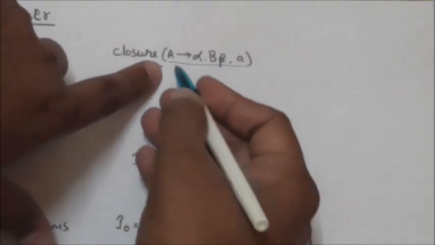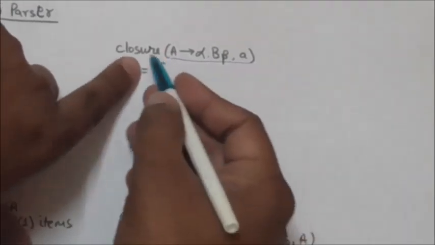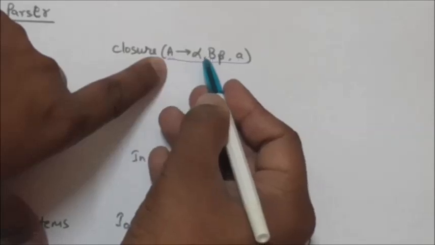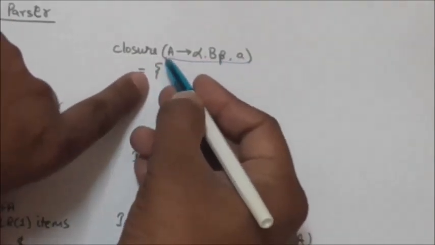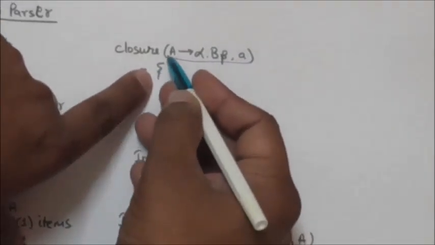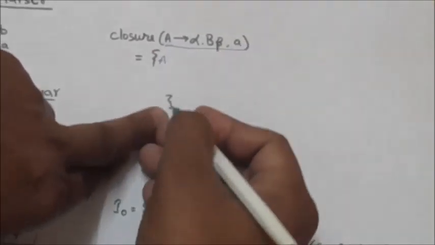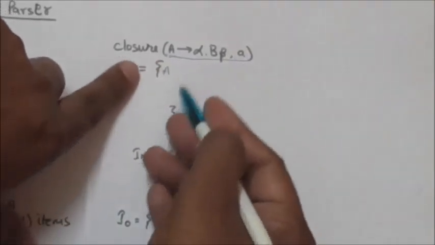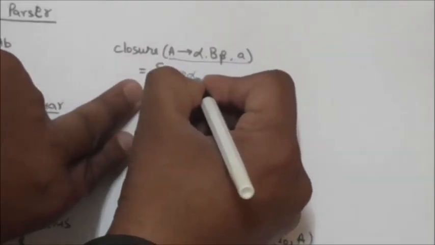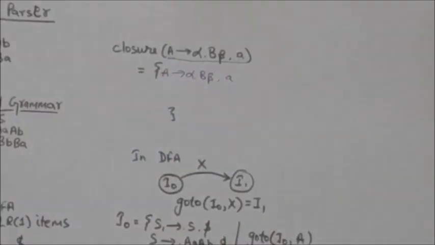In that set, first of all, the item whose closure we are finding is itself added. Here we are finding the closure of the LR1 item A derives alpha dot B beta, with look ahead symbol a. So first this item itself is added to the set, because the closure of an item is a set of items: A derives alpha dot B beta, look ahead a.